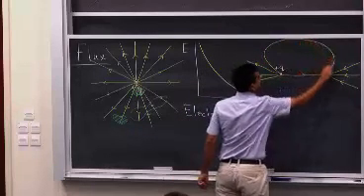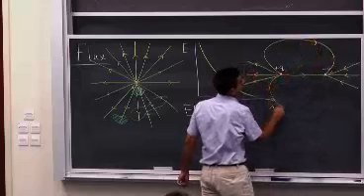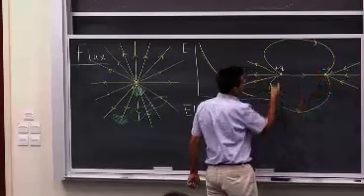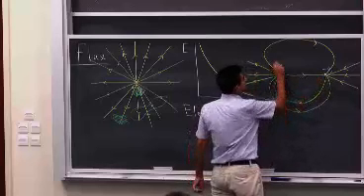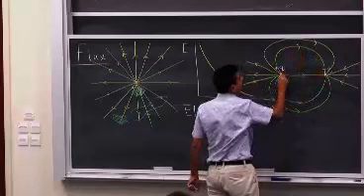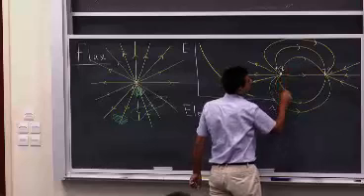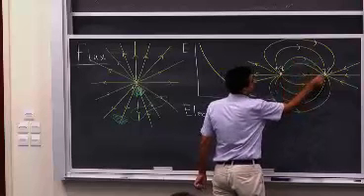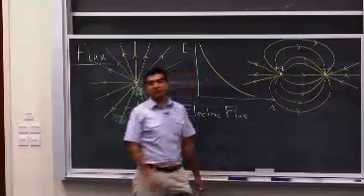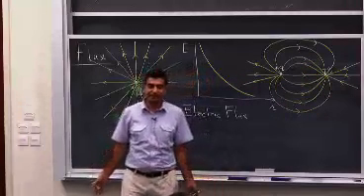And then they will curl around in space. They will always emanate or start at the positive charge, and they will sink or end at the negative charge. So this is one possible electric field pattern due to an electric dipole.